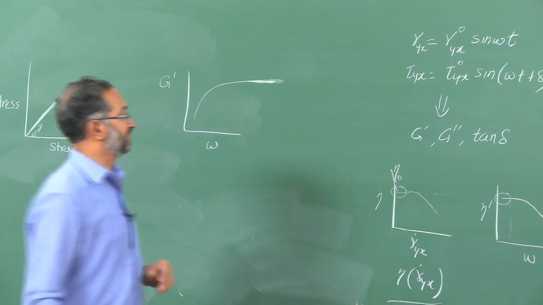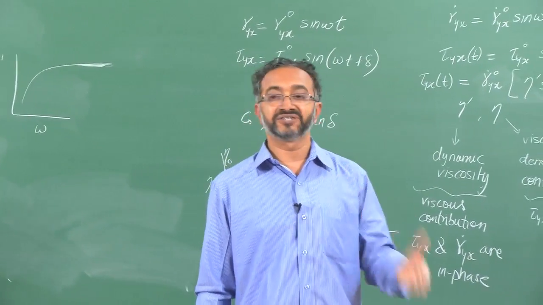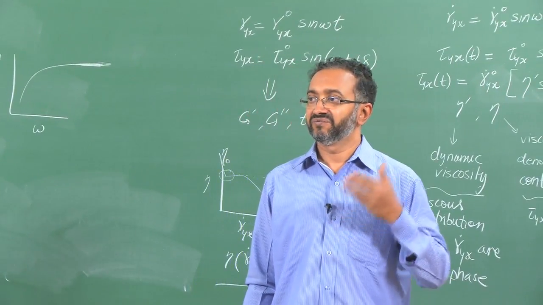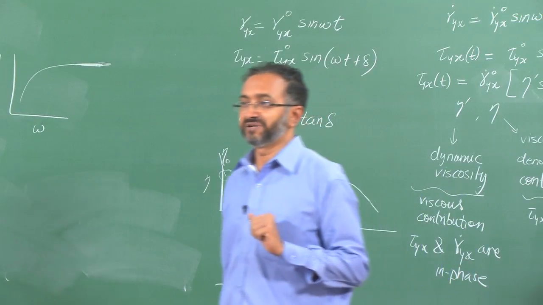There the picture is not so clear, because in one case we are applying large deformations and waiting for steady state, in the other case we are continually deforming the material.